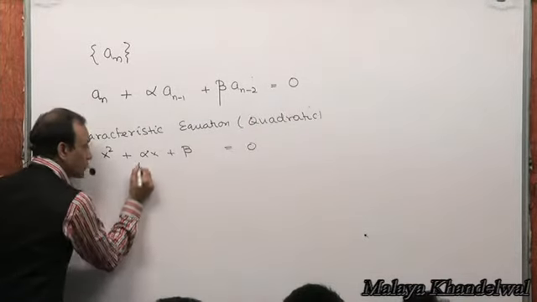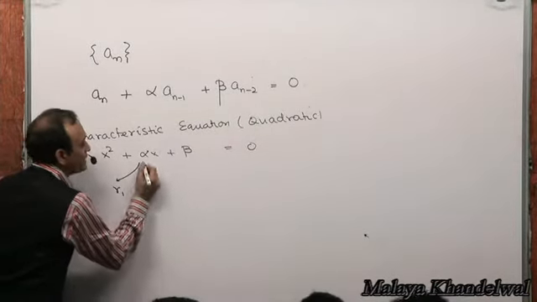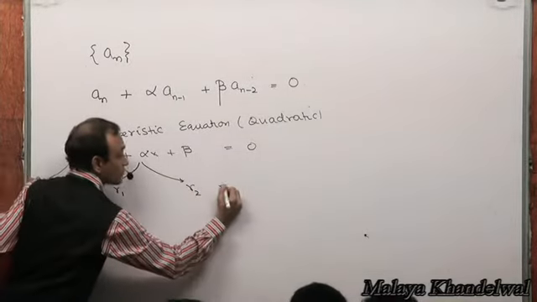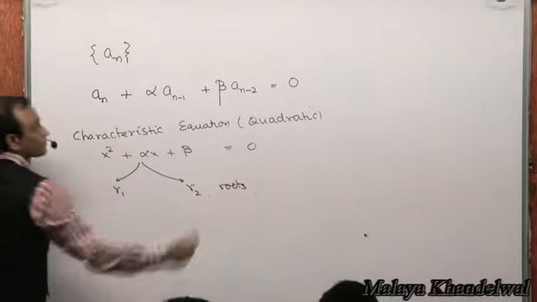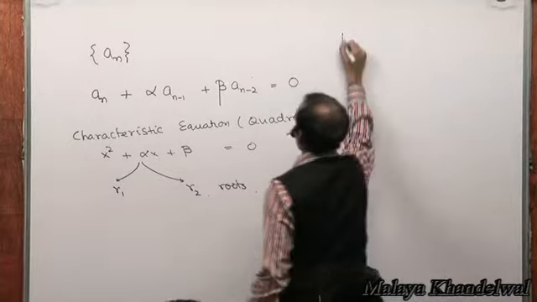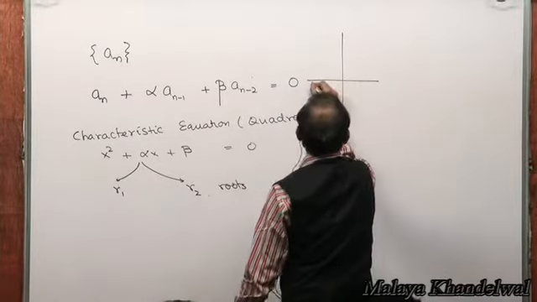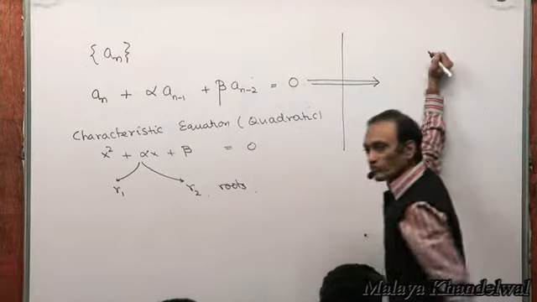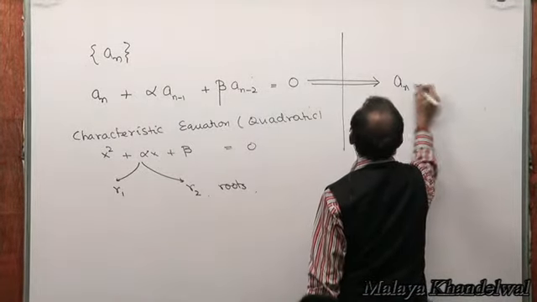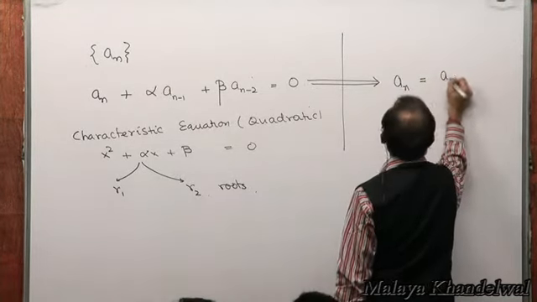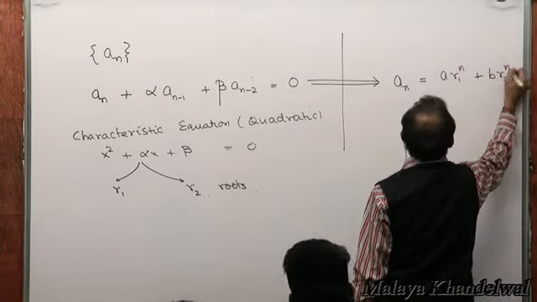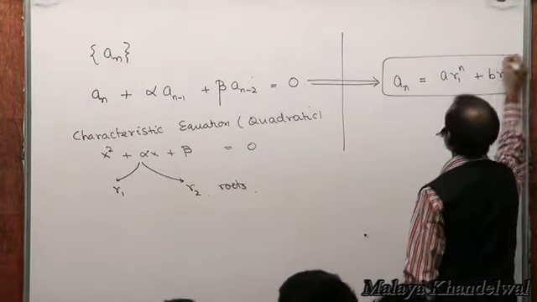If r1 and r2 are the roots of this equation, then the solution to this is going to be of the form an equals some a r1 to power n plus b r2 to power n.